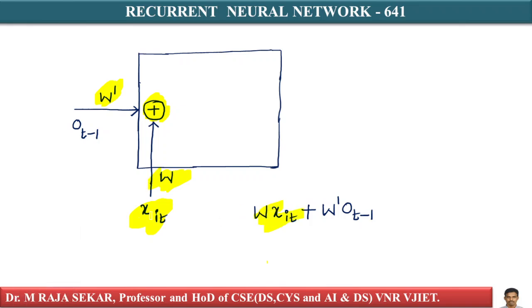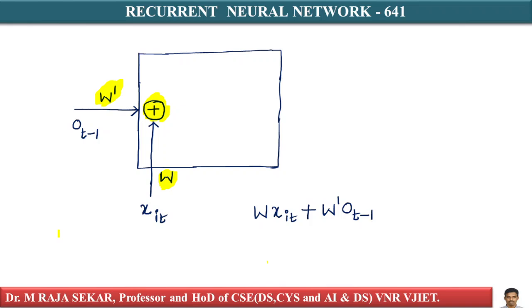This is W into X_i^t, this is W' into O_{t-1}. You are just summing up, because there is a summing symbol, nothing more than this. So you compute the dot product of both of them and then sum it up.